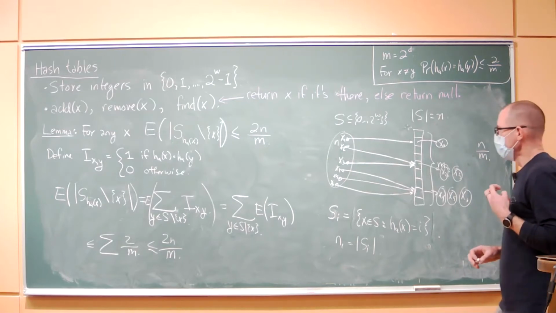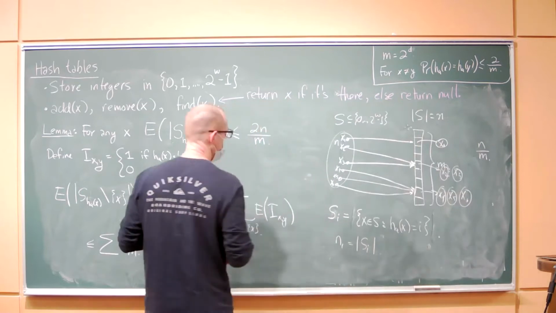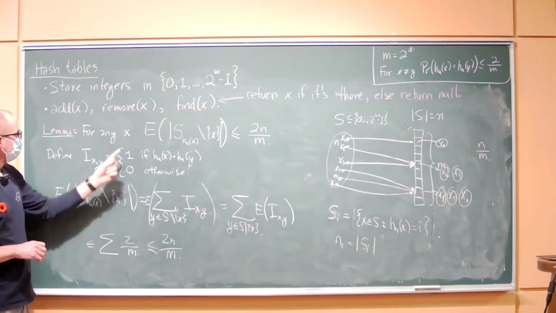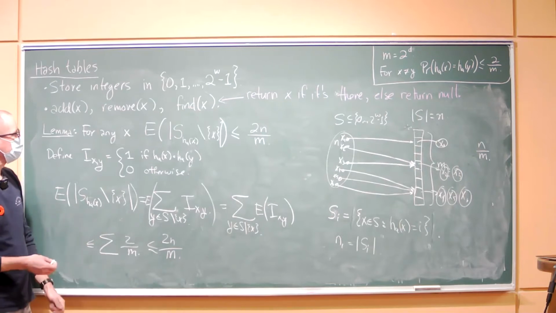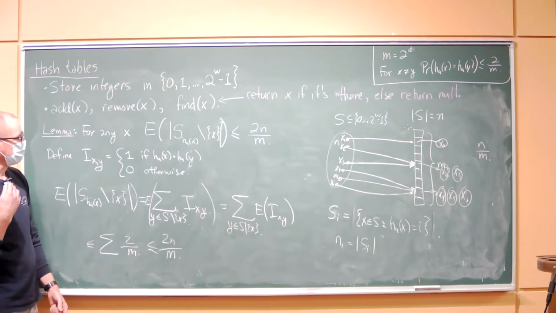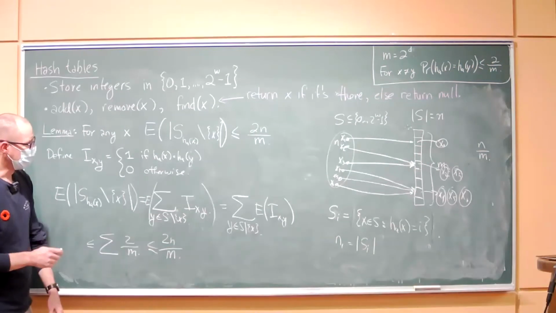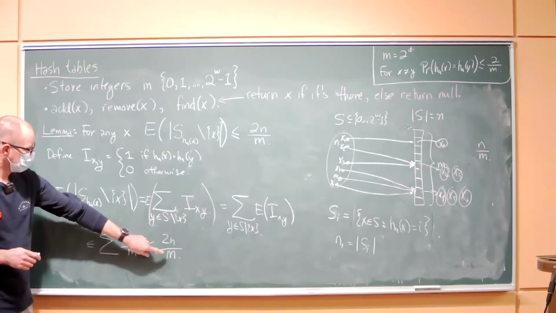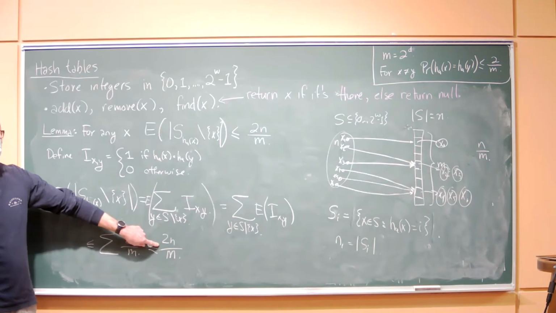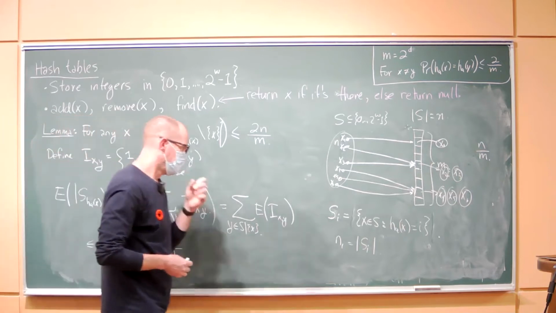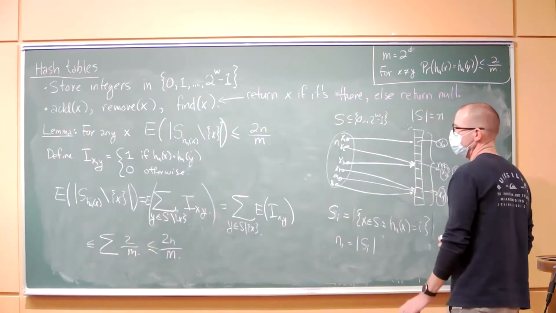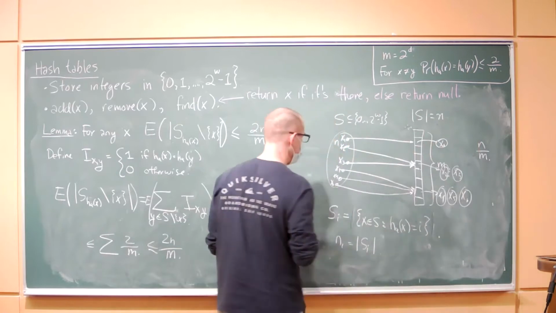That gives us what we want. It is not the average size of a list, but if you fix a particular thing, what's the size of the list that you would have to look in to search for it? Well, the number of things in that list other than x is only 2n over m in expectation. All right, so that basically does just about everything we need.